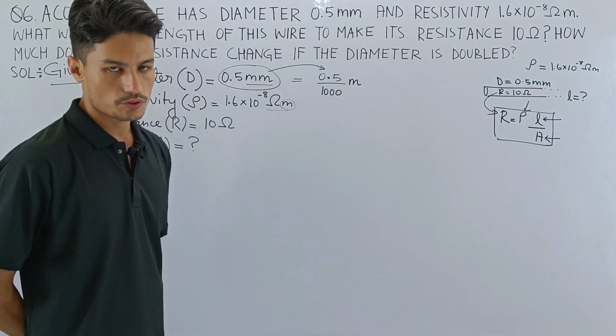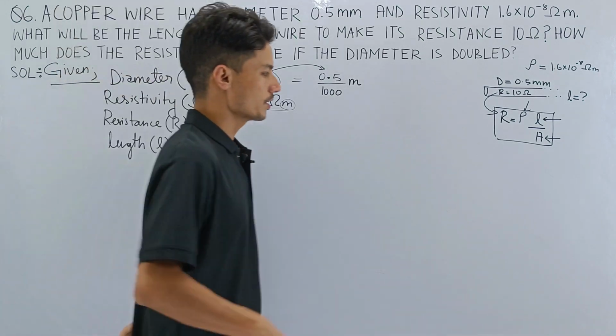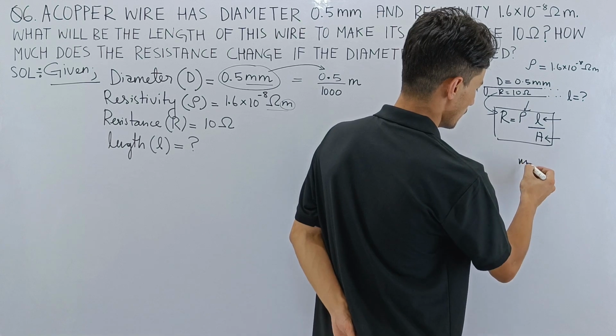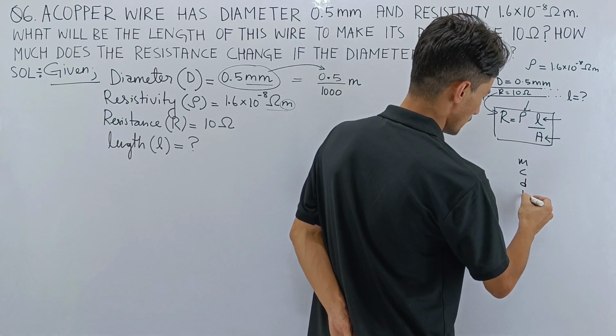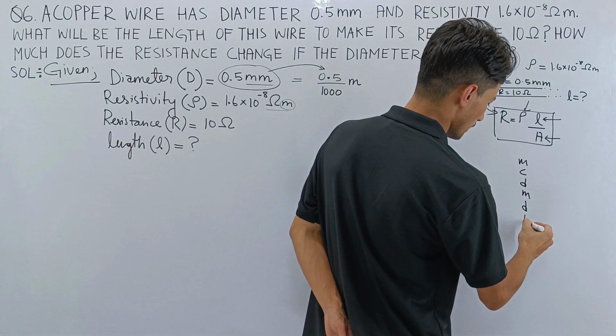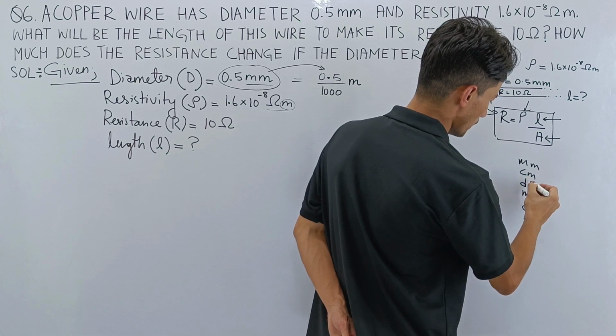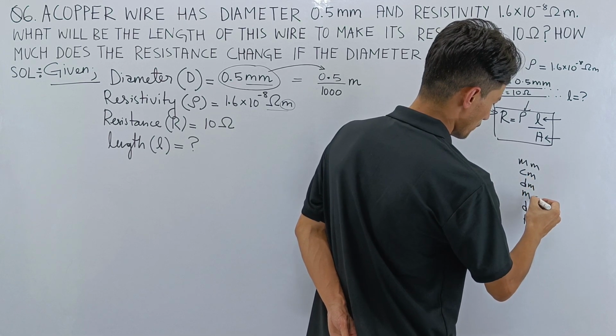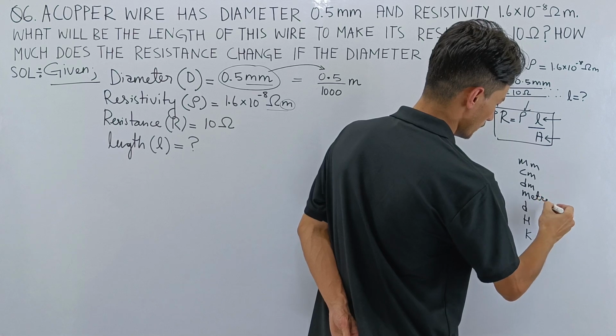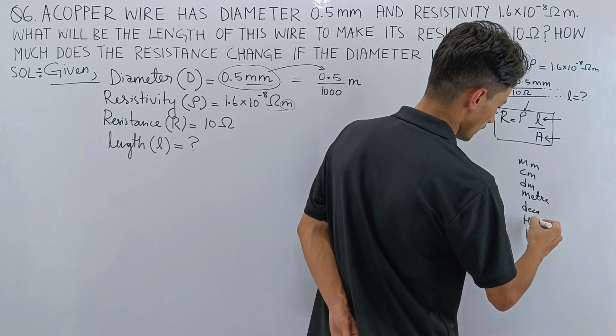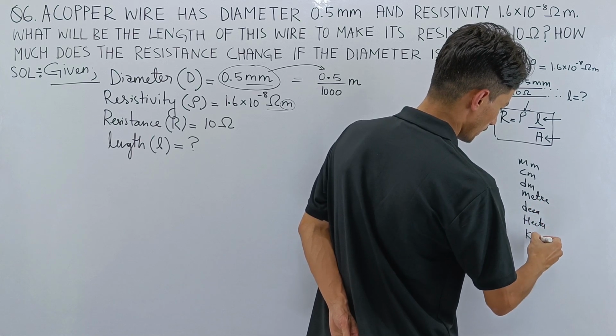If you don't know the unit conversion, let me give you here. It's like this: milli, centi, deci, meter, deca, hecta, kilo. This is millimeter, centimeter, decimeter, meter, decameter, hectameter, and kilometer.